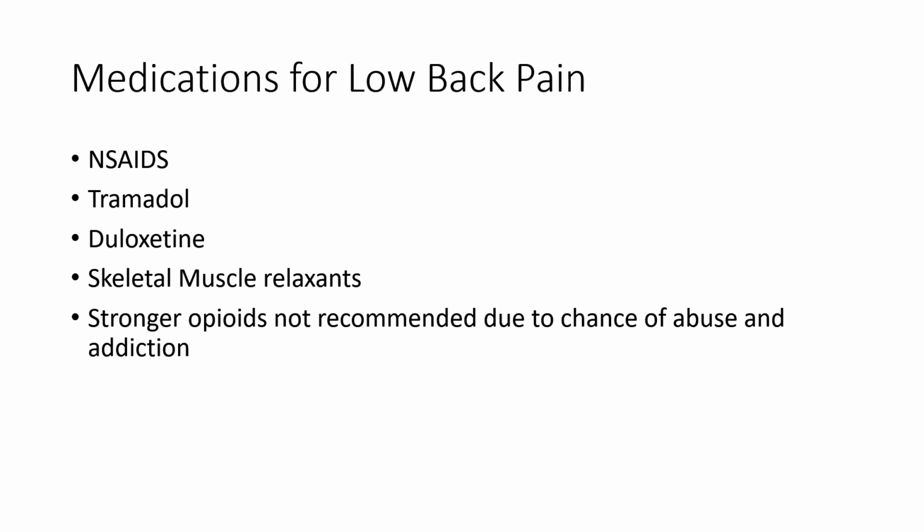You may have learned about that in your psych readings. And duloxetine can help with some of the neuropathic pain that comes with low back pain. When patients have had low back pain chronically, persistently, they may also become depressed. And the duloxetine helps with their pain, but may also help with depression that comes with this pain.